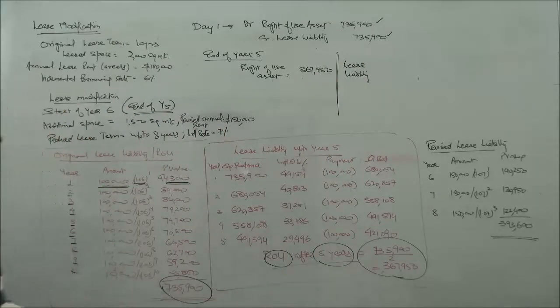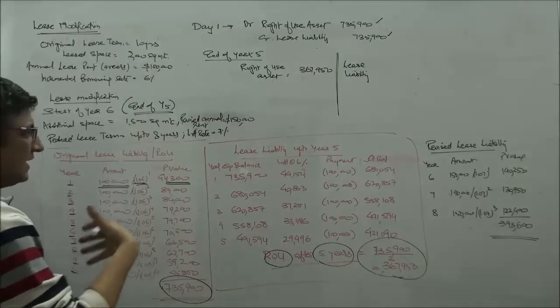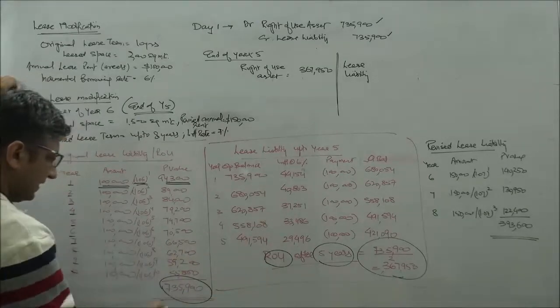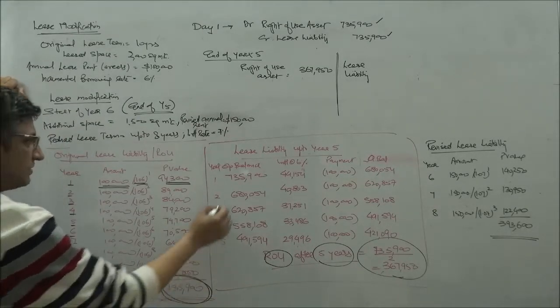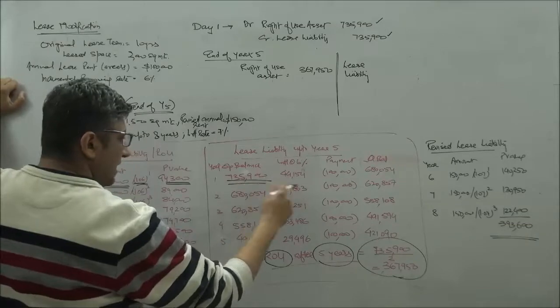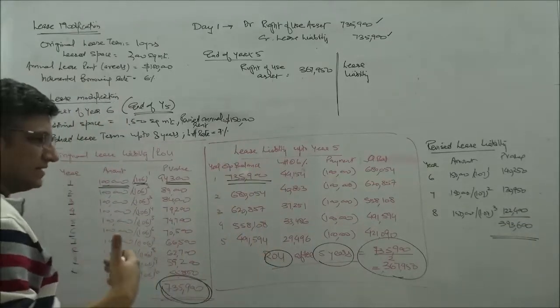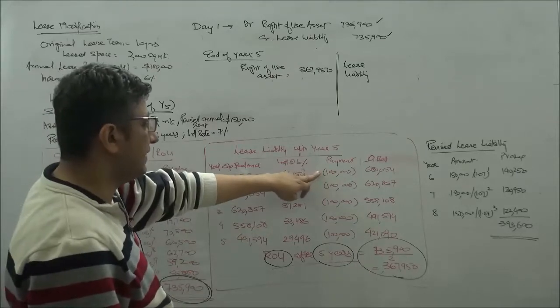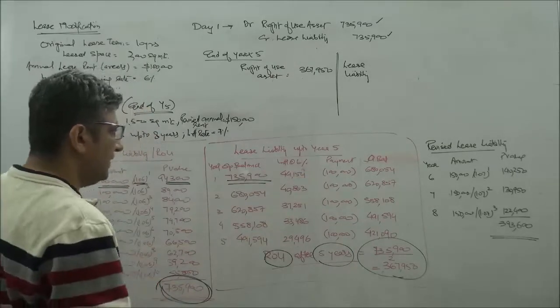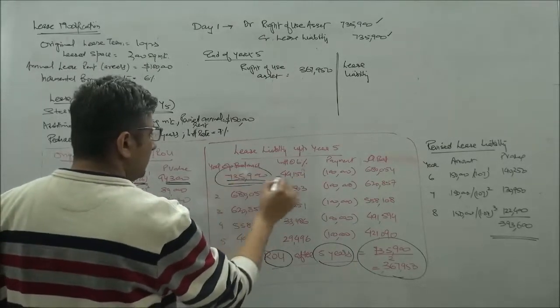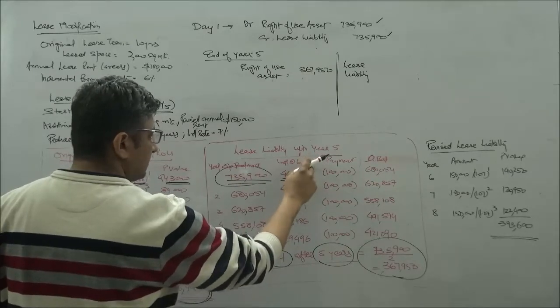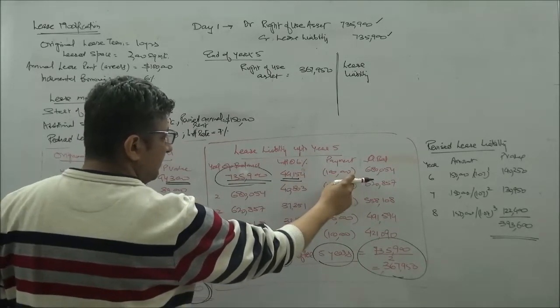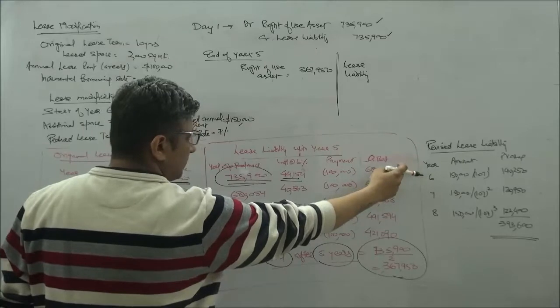Likewise, I can easily calculate the value of my lease liability. Now this is assessed, for example, by using the original value of 735,900. Am I paying anything right away? The answer is no. I'm only paying my first installment of rental after 1 year of time, which means on this amount there would be an interest cost at 6% charged, and then the payment comes in, and then the closing balance would come.